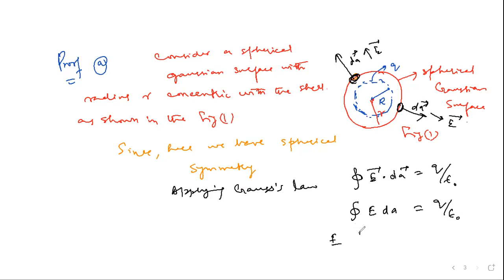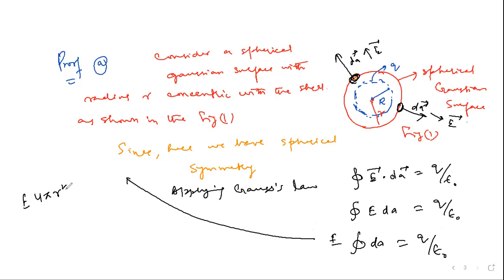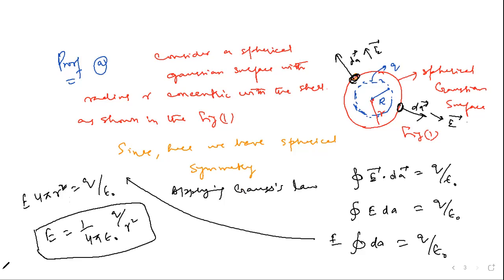E can be factored out because E is constant over the surface. Then this will be simply the surface area of the Gaussian surface over epsilon naught. So E is 1 by 4 pi epsilon naught Q by r square. This proves my first shell theorem.